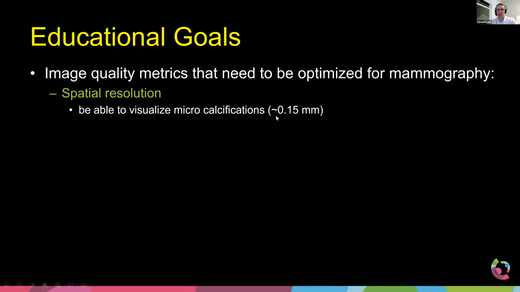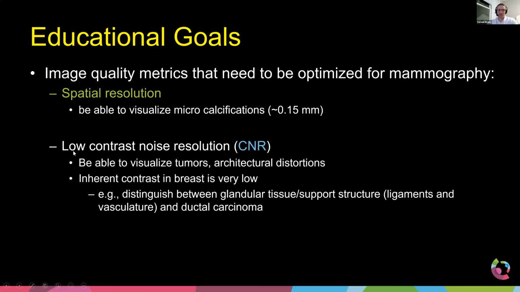So microcalcs are very important, and these things are teeny. We need to be able to visualize something that's about 0.15 millimeters. 150 microns is tiny. We also need to be able to see low contrast resolution.